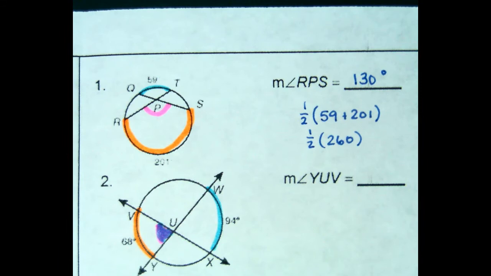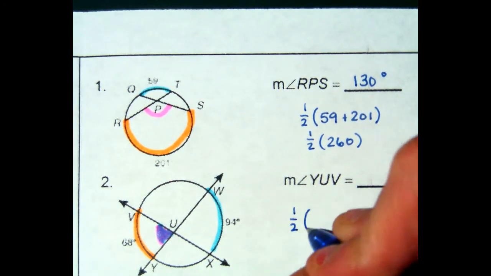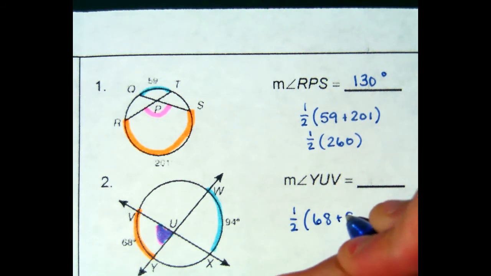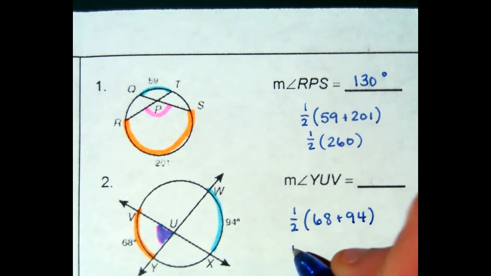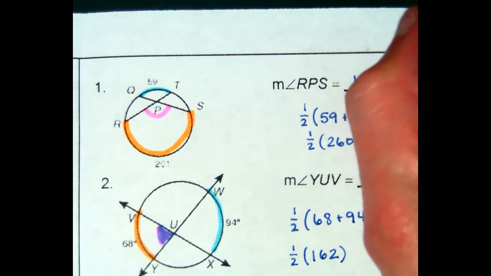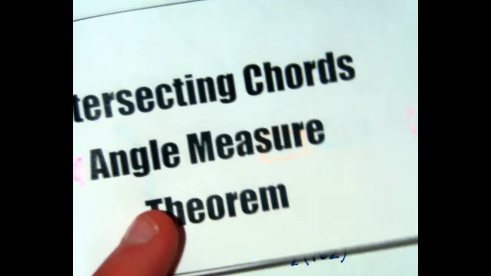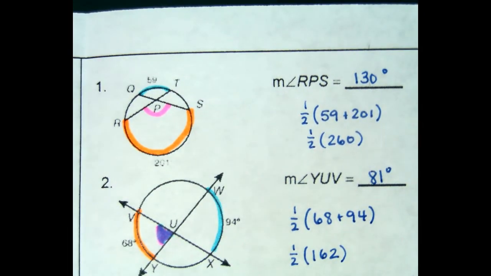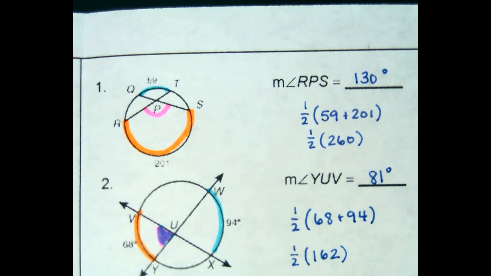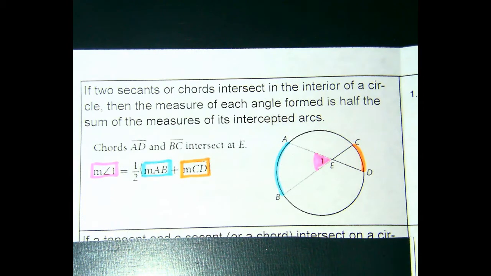Okay. Set up, it's 1/2 of 68 plus 94. What is 68 plus 94? 162. What is half of 162? Okay. That is the intersecting chords angle measure theorem. And there's that again if you didn't get that. 2 secants are chords intersecting.